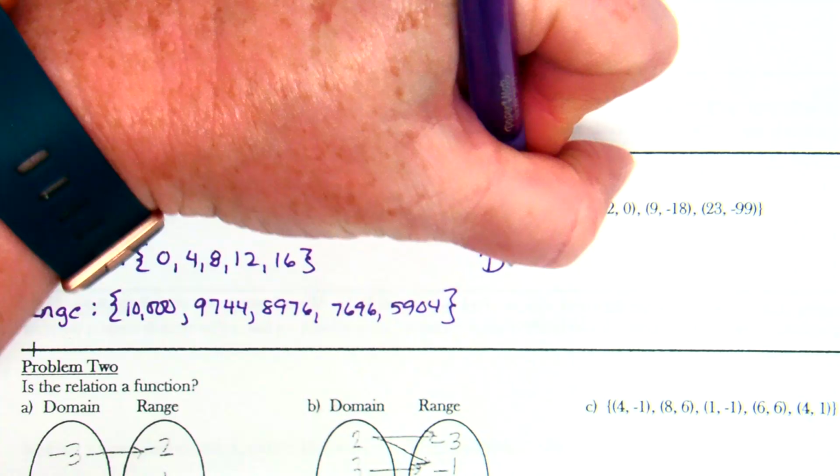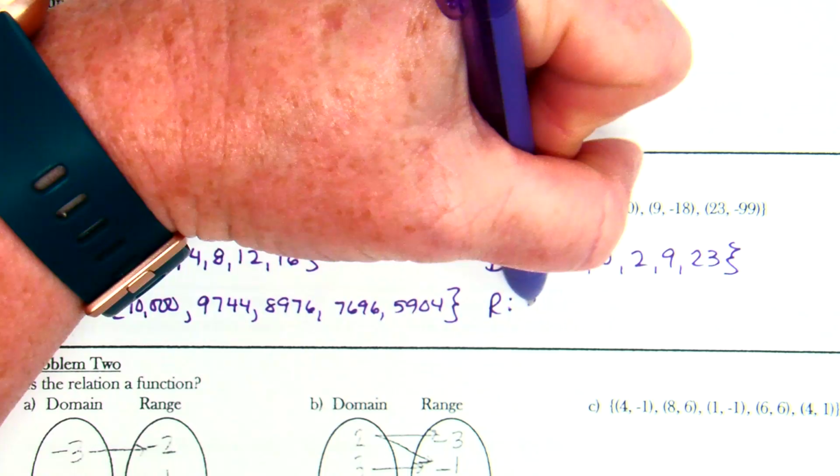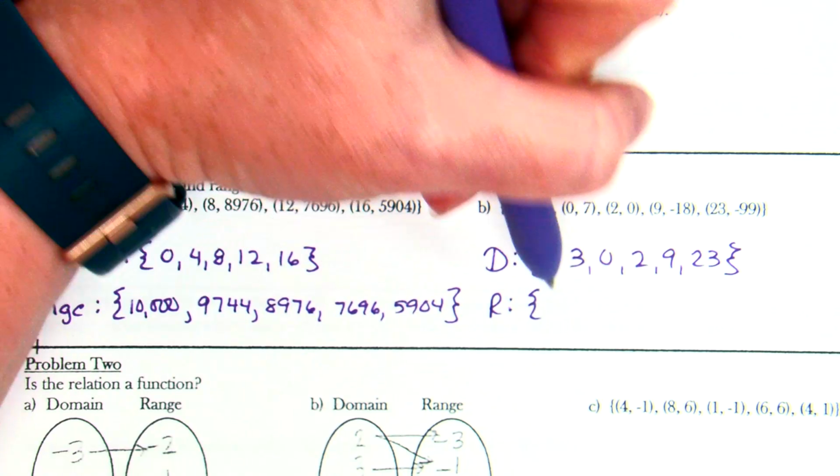Jocelyn? -3, 0, 2, 9, and 23. Okay. Range, Mac? 14, 7, 0, -18, -99. Okay. 14, 7, 0, -18, -99.